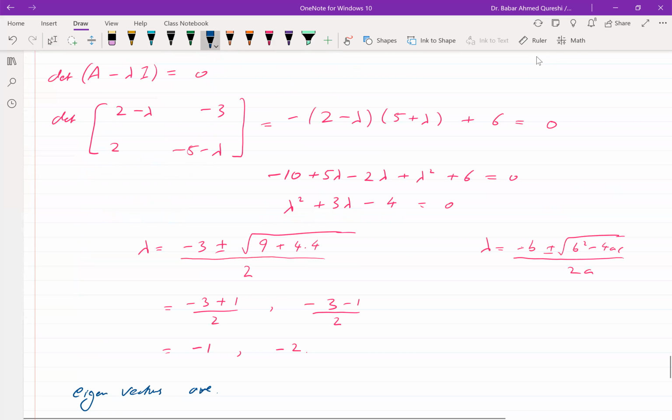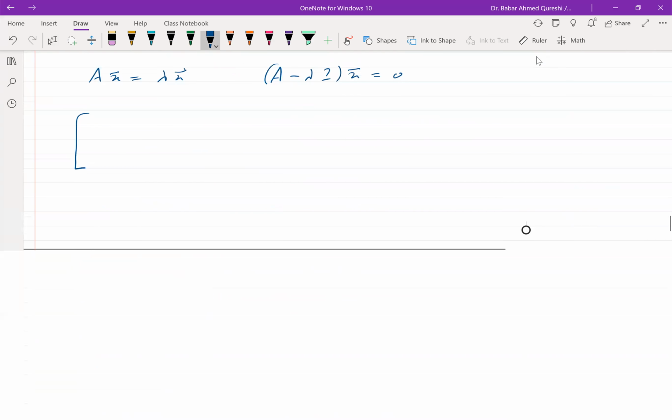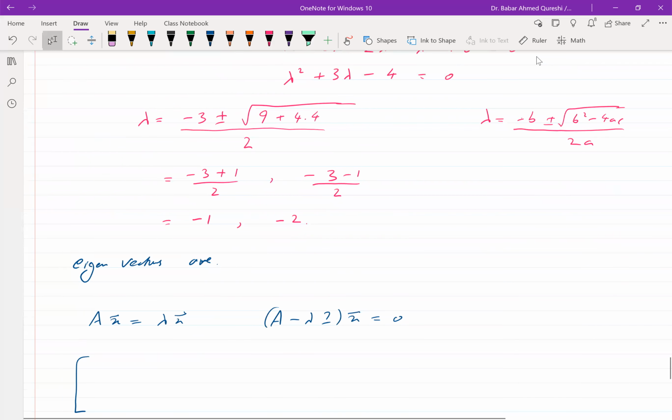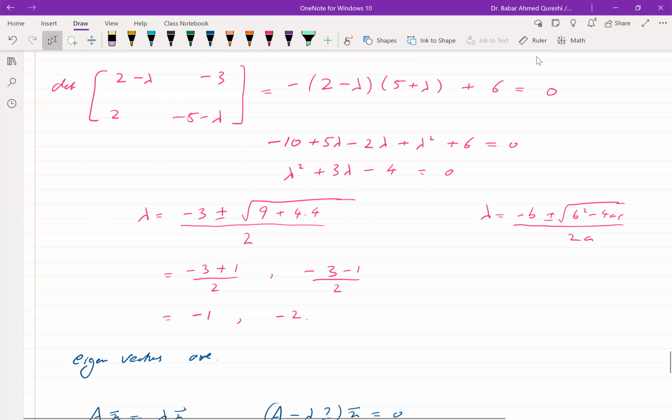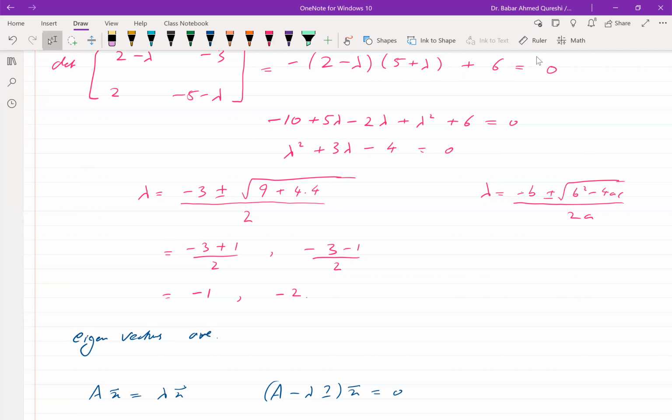So A is 2, and I'm putting my eigenvalues minus 1 and minus 2.